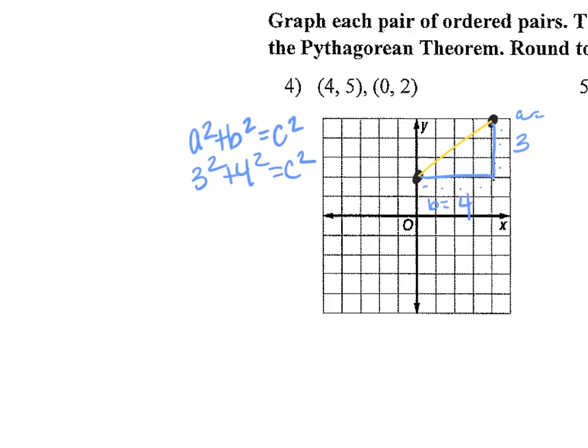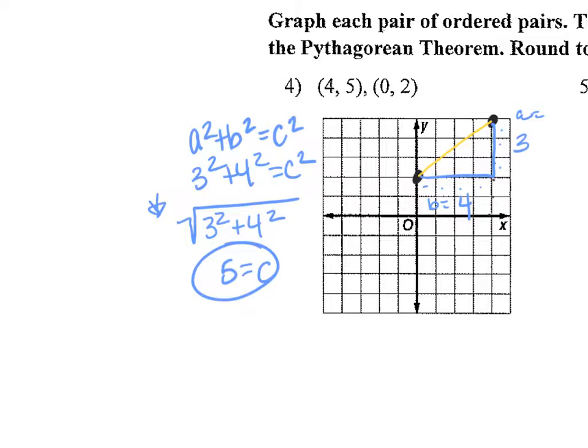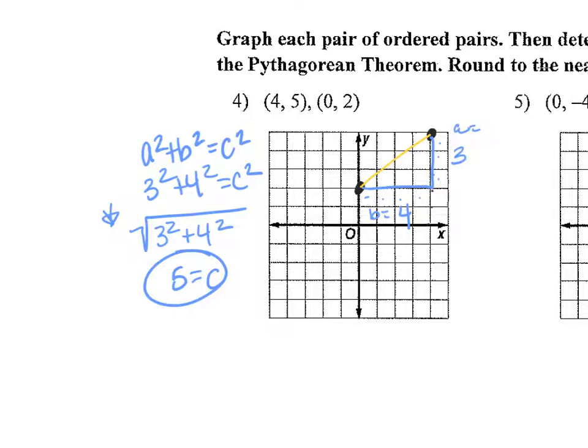And again, I'm going to just shortcut this. And in the calculator, I'm going to type it in just like this. It's square root of 3 squared plus 4 squared. And we get 5. That's nice. So just remember, if it wants you to find the distance, and you're using Pythagorean theorem, you're always adding.